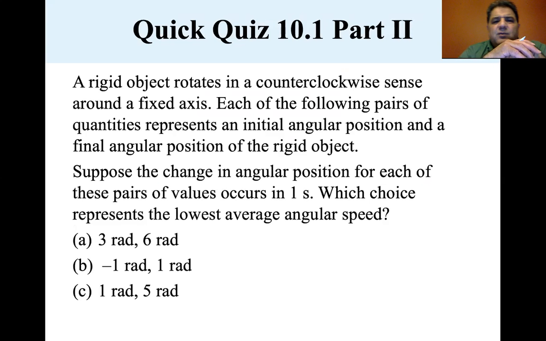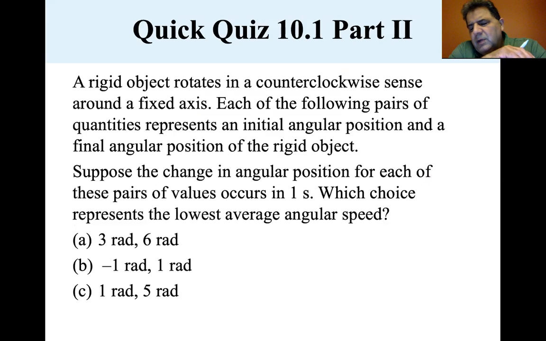Okay, a rigid object rotates in a counterclockwise sense around a fixed axis. Each of the following pairs of quantities represents an initial angular position and a final angular position of the rigid object. Suppose the change in angular position for each of these pairs of values occurs in 1 second. Which choice represents the lowest average angular speed? Well, the lowest would be the shortest.